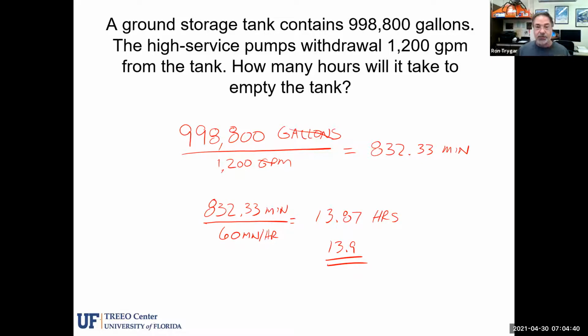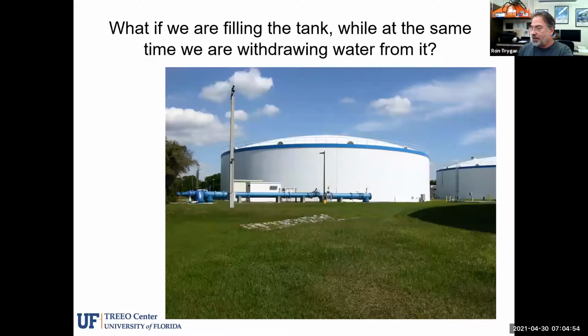All right, so we're working from simple to complex, or easier math to more complex math. I'm going to keep adding stuff to this question, and it's going to get more complex as we go through. So stand by. What if we're filling the tank while at the same time we are withdrawing water from it? Now it's getting a little trickier.